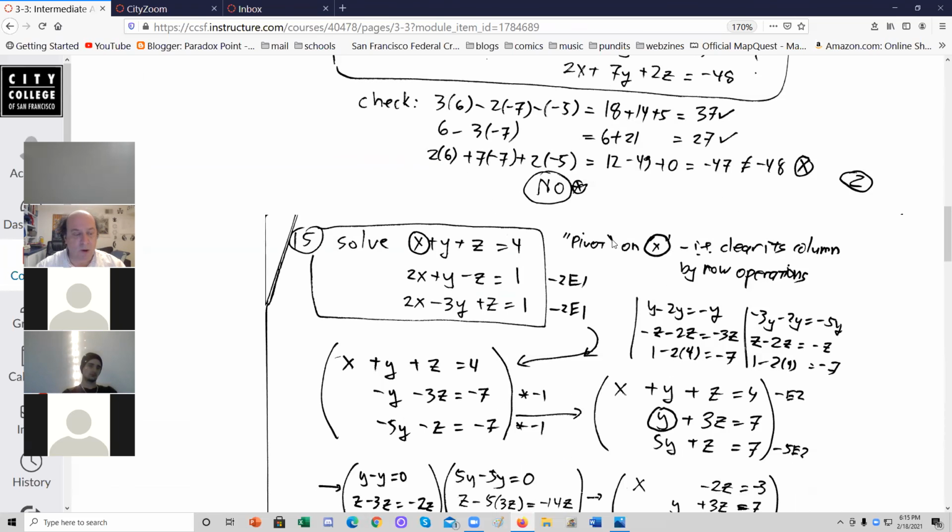Now here we go about solving a system. Solving a 3x3 system takes a little bit more work than a 2x2, because there are so many more variables and numbers to deal with. Here we have x plus y plus z equals 4, 2x plus y minus z equals 1, 2x minus 3y plus z equals 1.